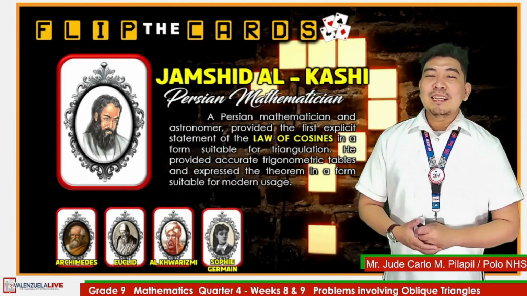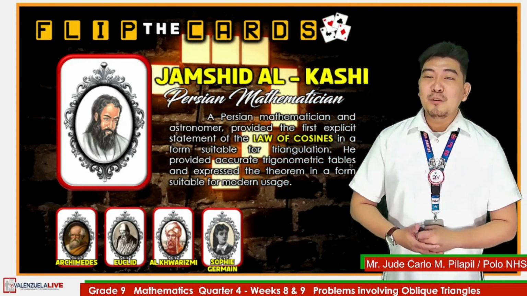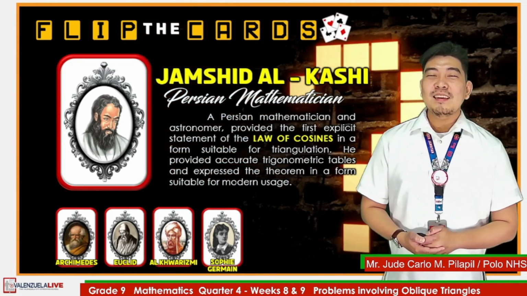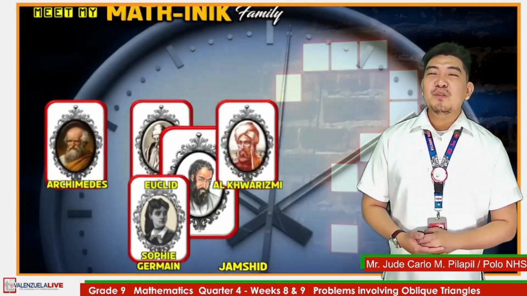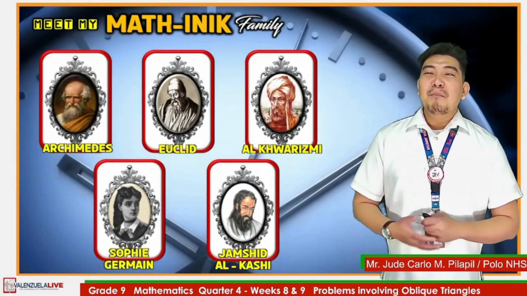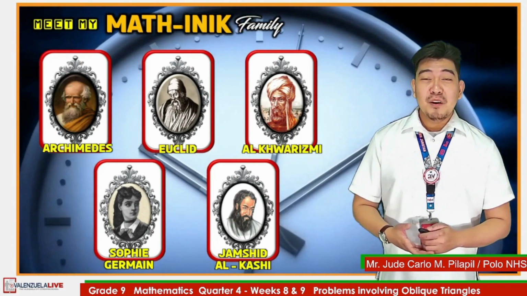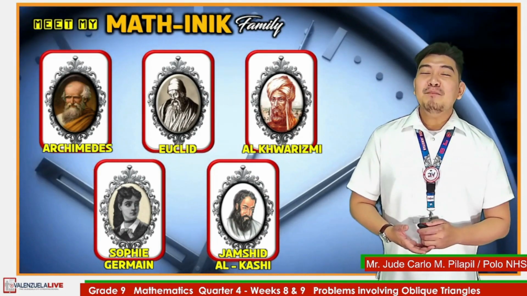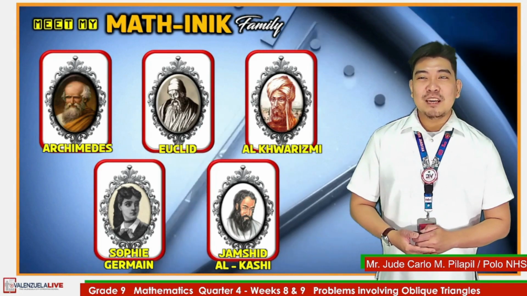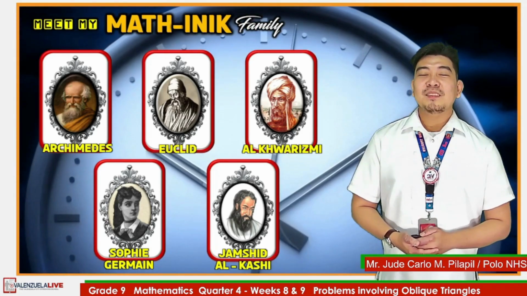He provided accurate trigonometric tables and expressed the theorem in a form suitable for modern usage. Here are some of the famous mathematicians of all times. Meet my mathematics family. Are you aiming to be one of them? Who knows? You might be one of them someday. One of the Filipino mathematicians that every Filipino will be proud of.